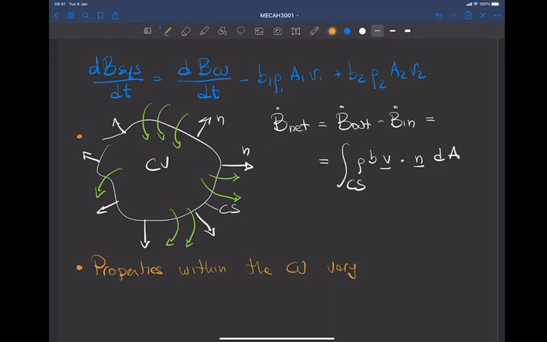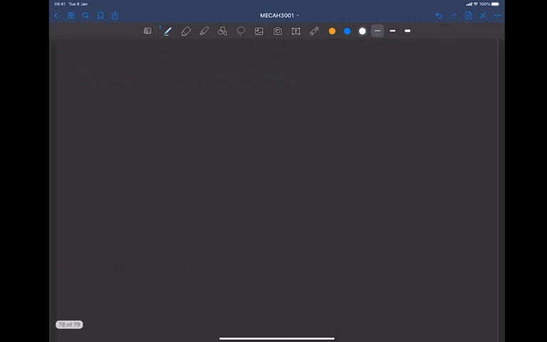This means that instead of just considering the extensive property B of the CV, I have to consider the integral on the control volume of rho b integrated in the volume. This is just to take into account the fact that these properties within the control volume may change with the position. So with that in mind, I get to the final expression for a control volume.